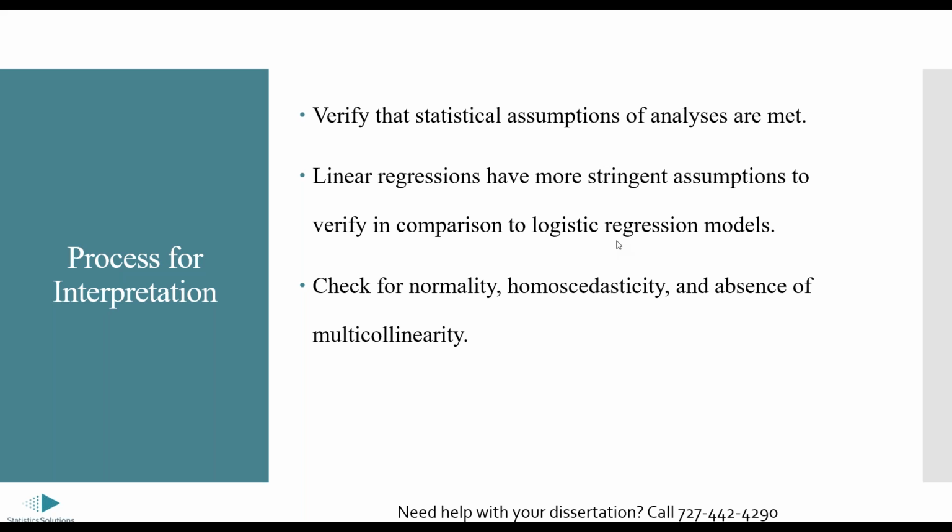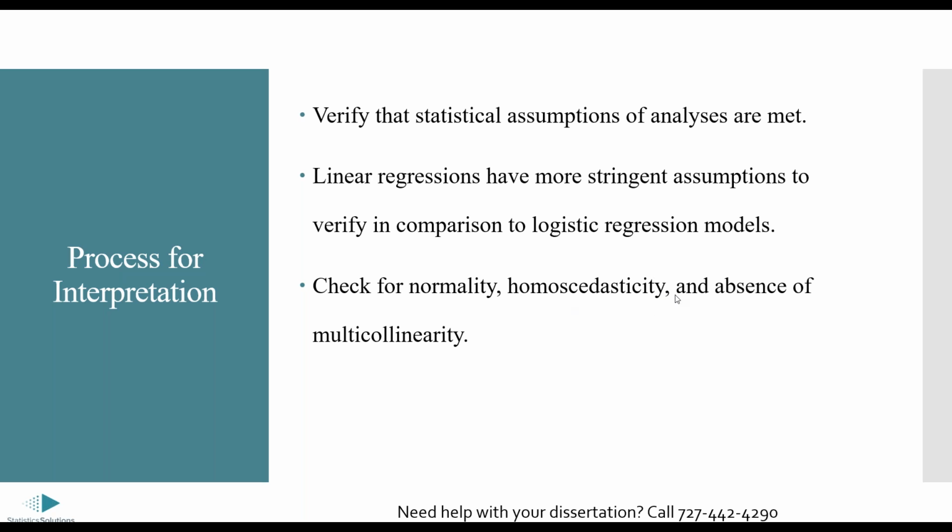The 3 key assumptions to check for a linear regression are normality, homoscedasticity, and absence of multicollinearity. So normality is making sure that your data follows a bell-shaped curve. That's typically checked with a normal PP plot or a QQ plot.